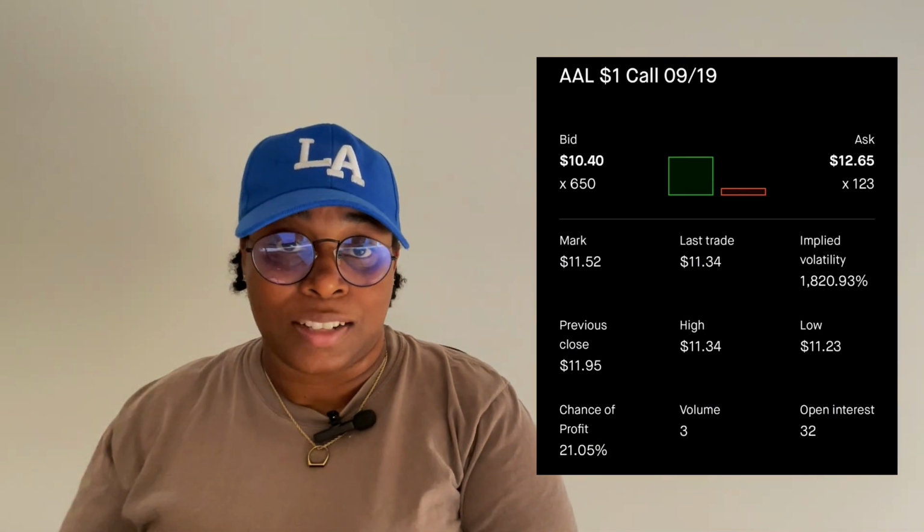You may think you're up 150%, but when you go and try to sell it, you will notice that it is not allowing you to actually sell it at the ask. You're just selling it at the bid, which will be much, much lower. So definitely keep in mind the volume and the interest, to be sure that you're getting into a decent option trade, okay?